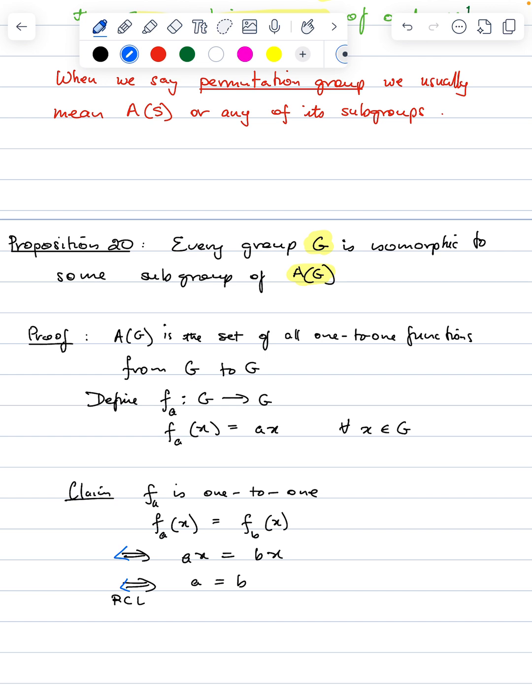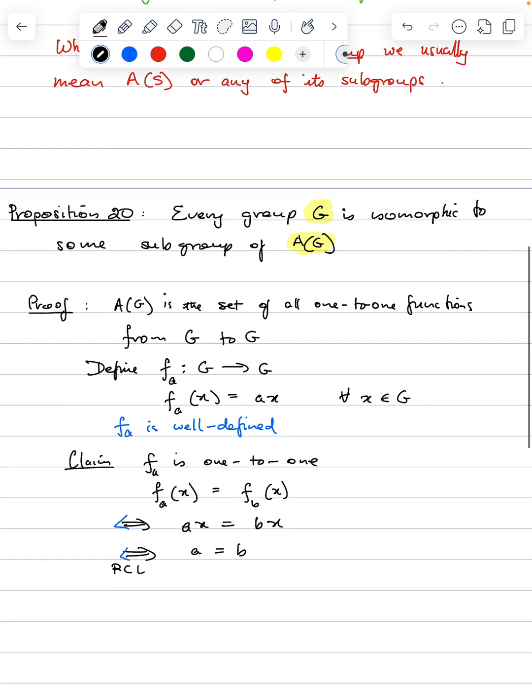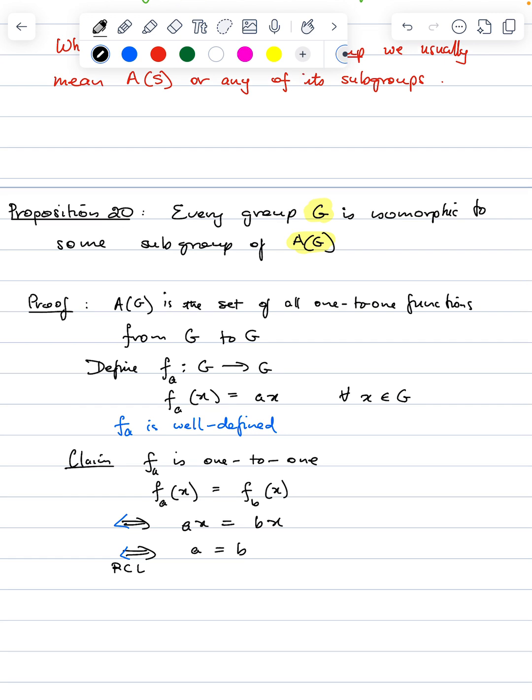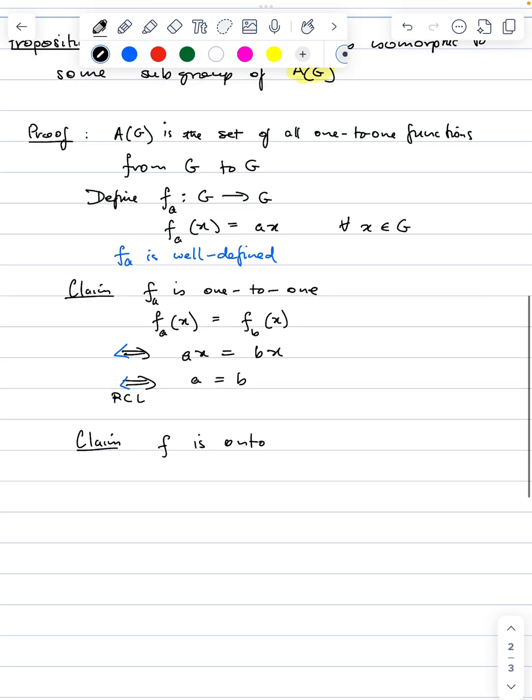All right, so let's put that down. Then we will prove that F is onto. And here we have to think a little bit about onto.